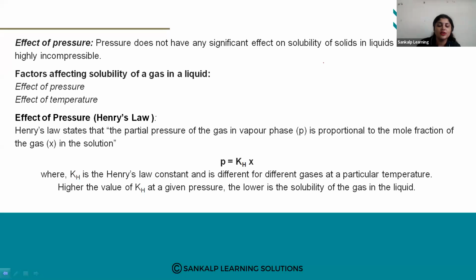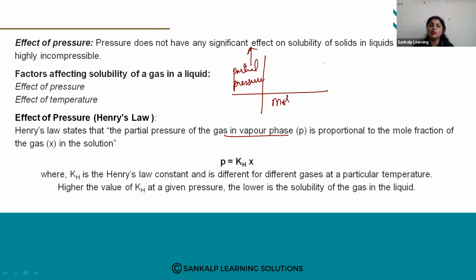Now we'll see a graph for Henry's law. If you plot the partial pressure of a gas against mole fraction for this statement, the nature of the graph will be like this.